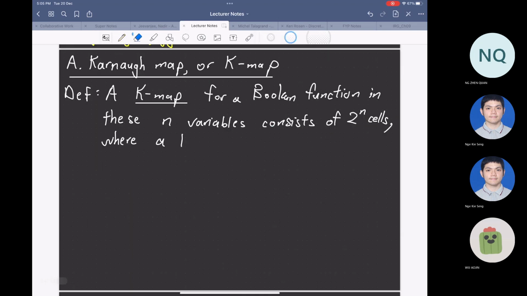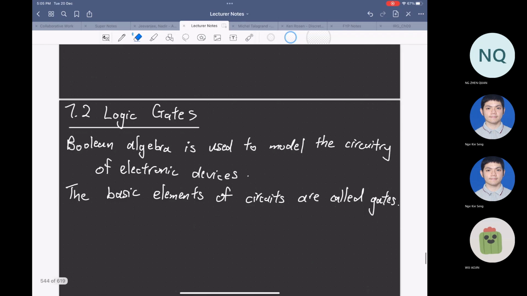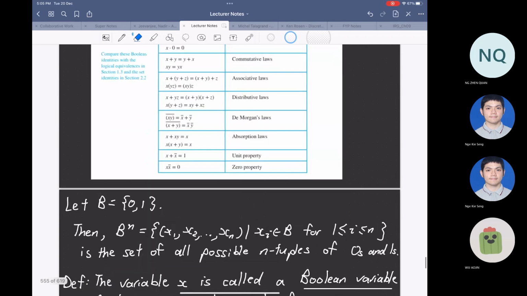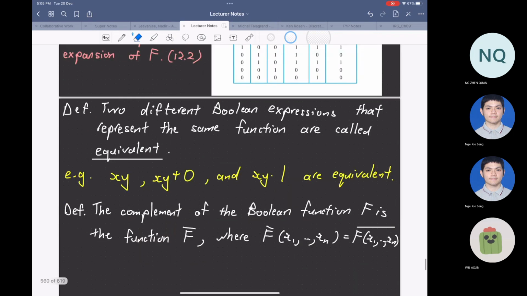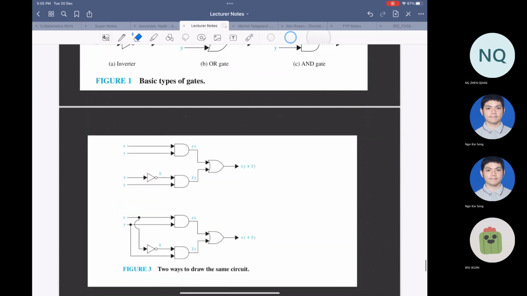So let's come back here. You can see that a Boolean expression can be made out of, like, just now. Let's go back to the picture just now. Where's the graph? Okay, you can see here.